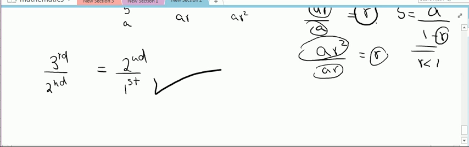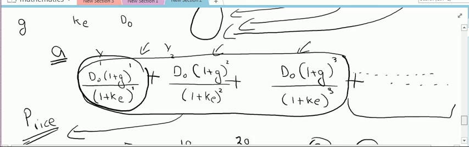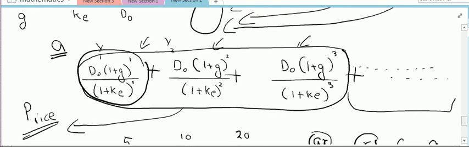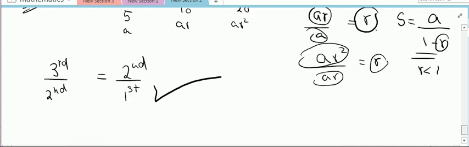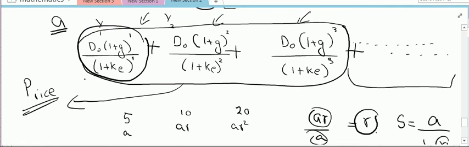So let us first check whether the dividends, or whatever present values we have to calculate in the dividend valuation model, are in a geometric progression or not. Let's say this is our first term, this is our second term, and this is our third term. Let's first calculate the second term divided by the first term.